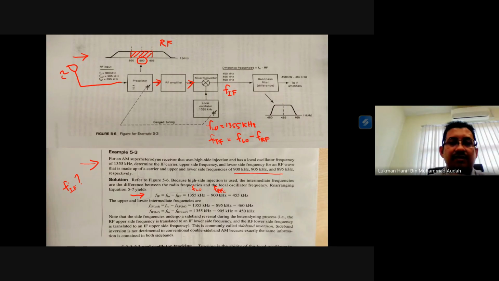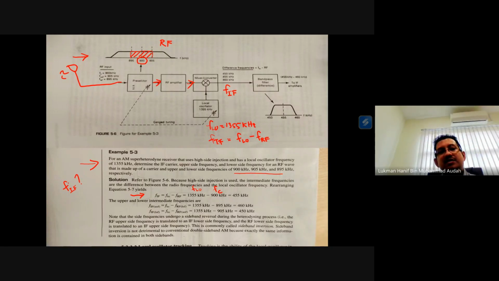FRF center, or I can simply make it FC to make it easy for you. The center here, we get 455 kilohertz.